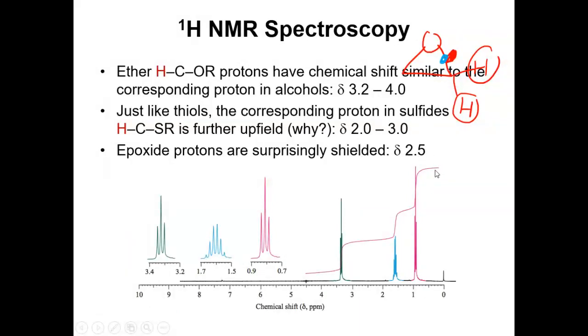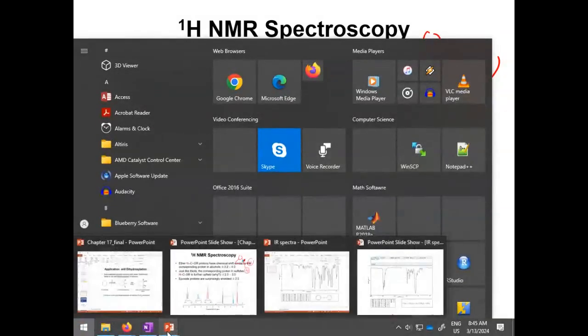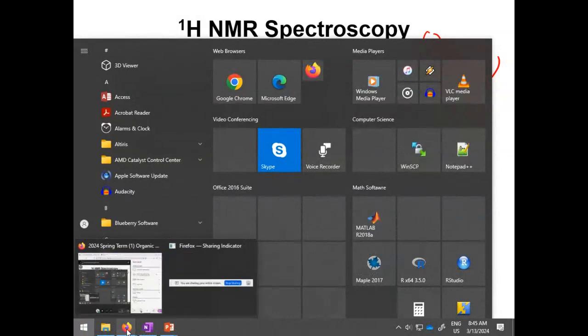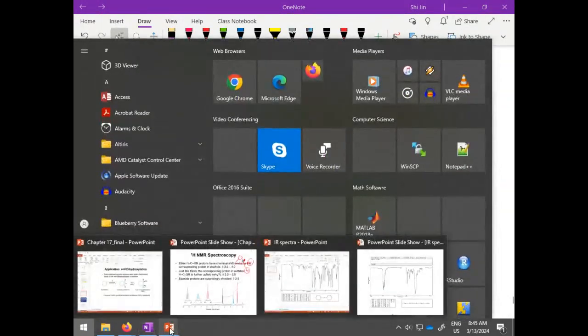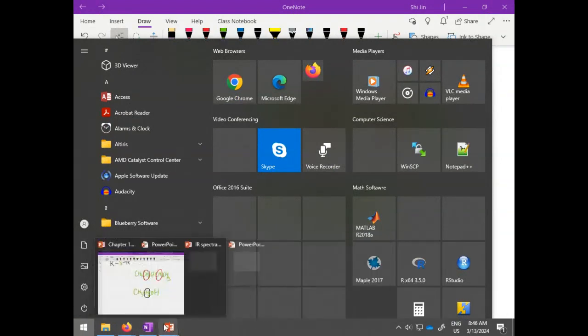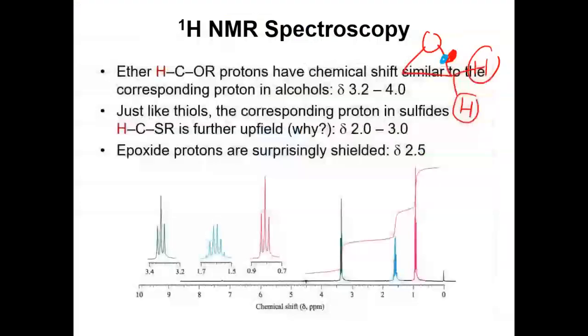This proton is deshielded because of the electron withdrawing effect of oxygen, but if the chemical bond between the carbon and oxygen is not as strong as a typical chemical bond, then the electron withdrawing effect of the oxygen is not fully exercised on this carbon.